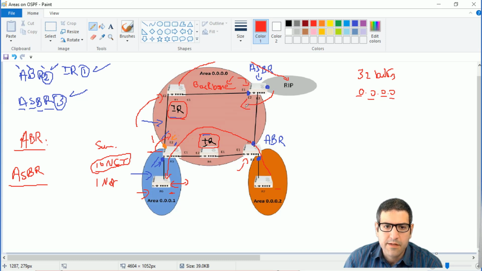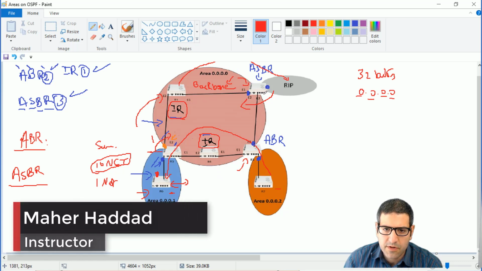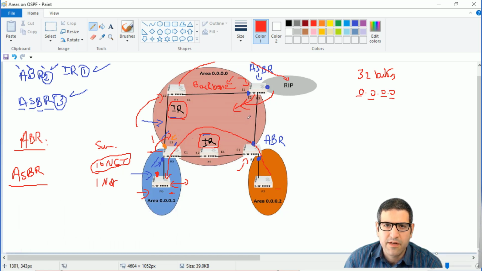That means the routers inside the backbone area, and also any other area, because at the end this area can also see the backbone area, will be able to see networks injected from RIP. When it redistributes the networks from RIP, it redistributes them as OSPF. Then all routers inside the backbone area will think that it's a network in OSPF.